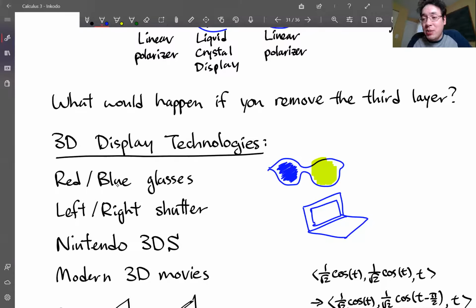This is especially nice for me because I already wear glasses, and it's always annoying to wear special glasses on top of my glasses. So how this works is that the screen has lots of vertical slits, and you're looking at it with two eyeballs. I know your eyeballs aren't oriented that way, but it's hard for me to draw.